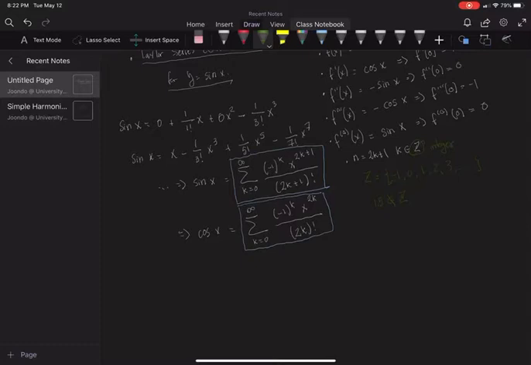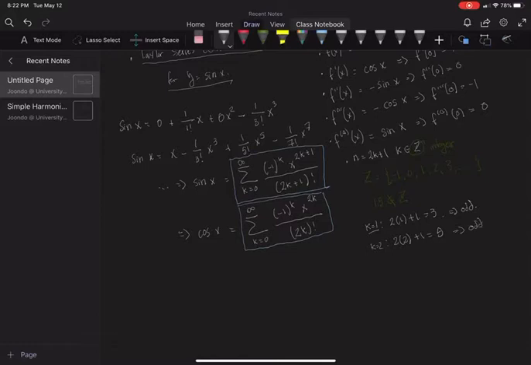So for any integer k, plug in k equals 1. 2 times 1 plus 1 is 3. It's odd. This is an odd number, right? Plug in k equals 2. 2 times 2 plus 1 is 5. Odd.